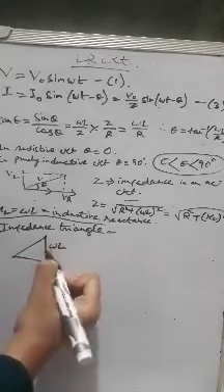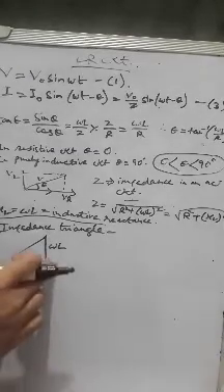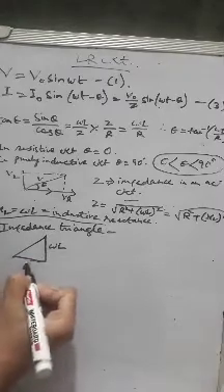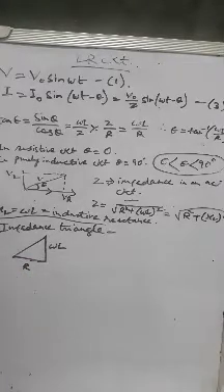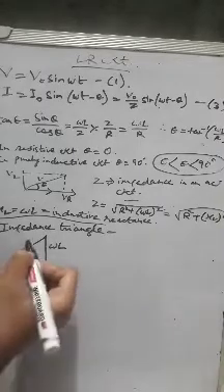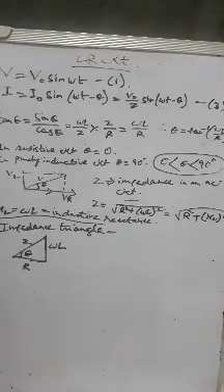Your vertical y part should be written as omega L. The x-axis or horizontal part is your R resistance, this is your phase difference, and this is your Z part. This is your impedance triangle. If the question comes, how does the impedance triangle look like, you will put this diagram.